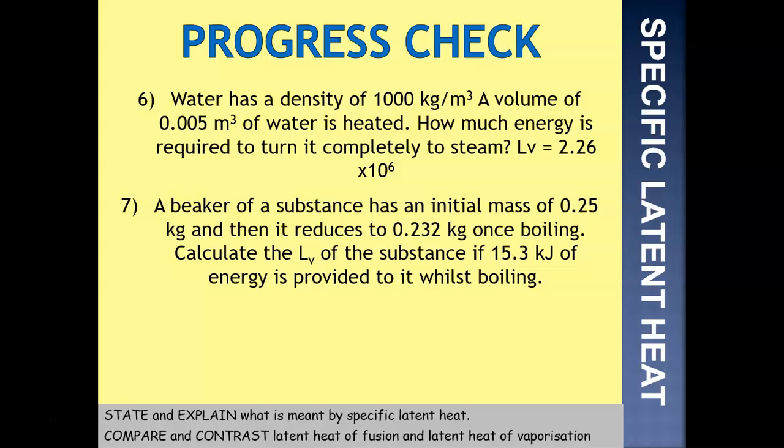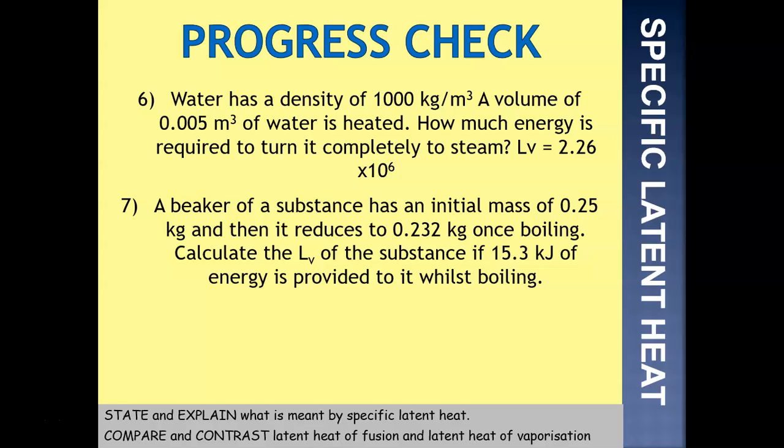Okay, question 6. Water's got a density of 1,000 kilograms per meter cubed. A volume of 0.005 meters cubed of water is heated. How much energy is required to turn that completely into steam? The latent heat of vaporization of water is 2.26 times 10 to the 6 joules per kilogram. Okay, so if we know the density of water and the volume of the water, we can work out the mass.